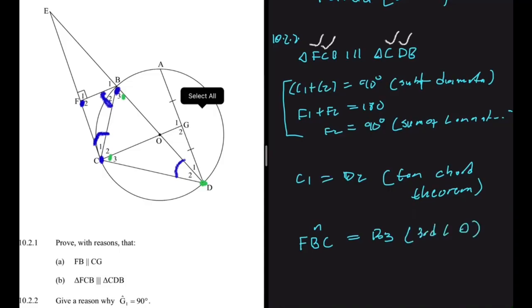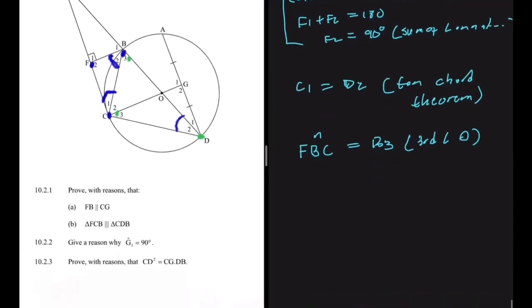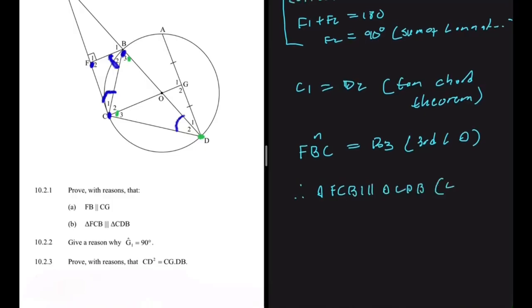If the two other angles are equal to each other, then the third angles should also be equal, because the sum of angles in a triangle is the same. So now we have proved that indeed triangle FCB is similar to triangle CDB, because all those angles are equal to each other.